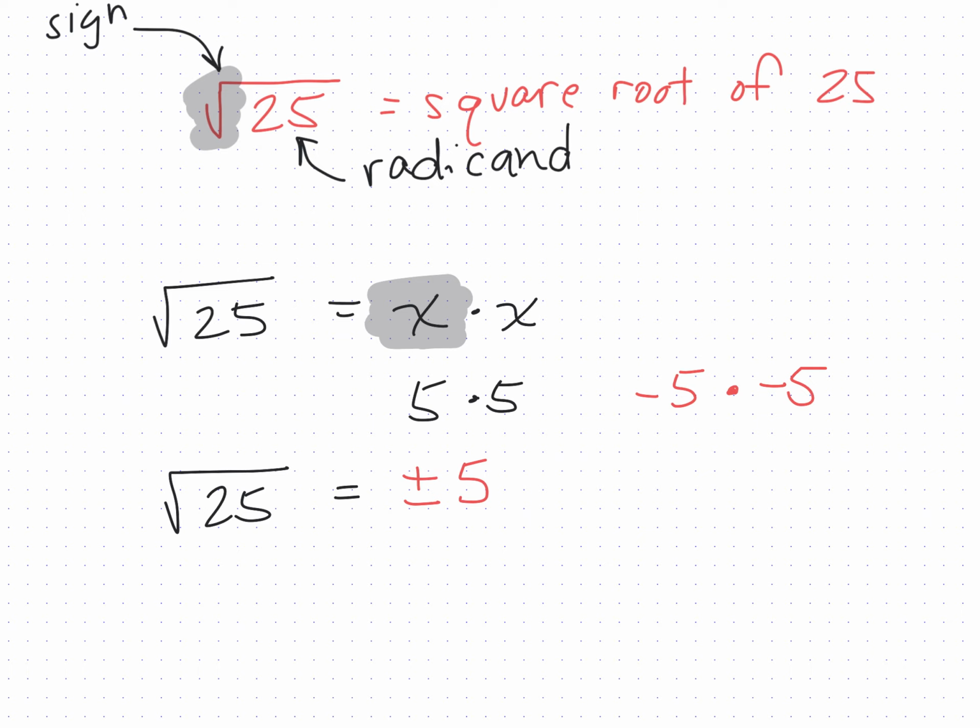However, sometimes the solution will be situational or based on the context of the problem, meaning it might have to be positive or it might have to be negative based on the situation. So taking a root is simply saying what number times itself would equal the radicand.